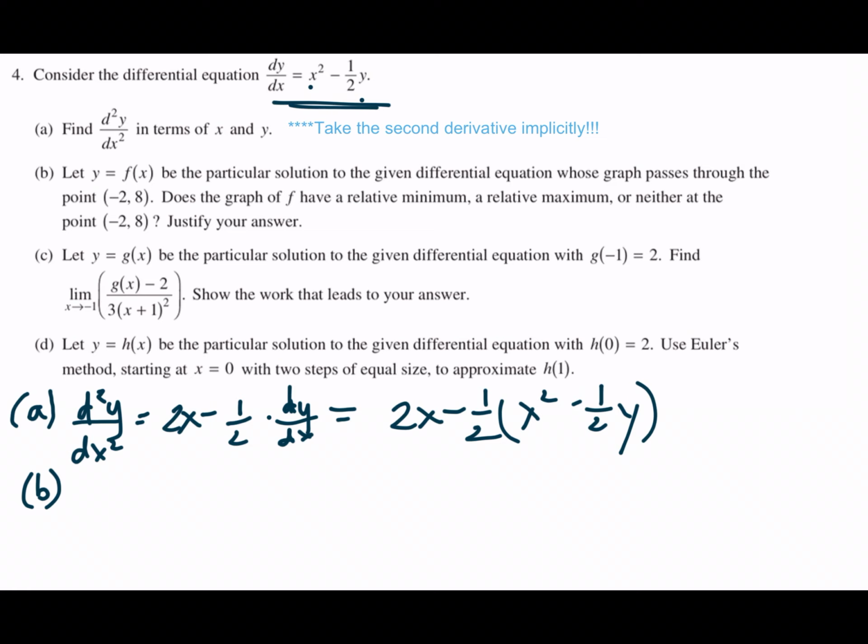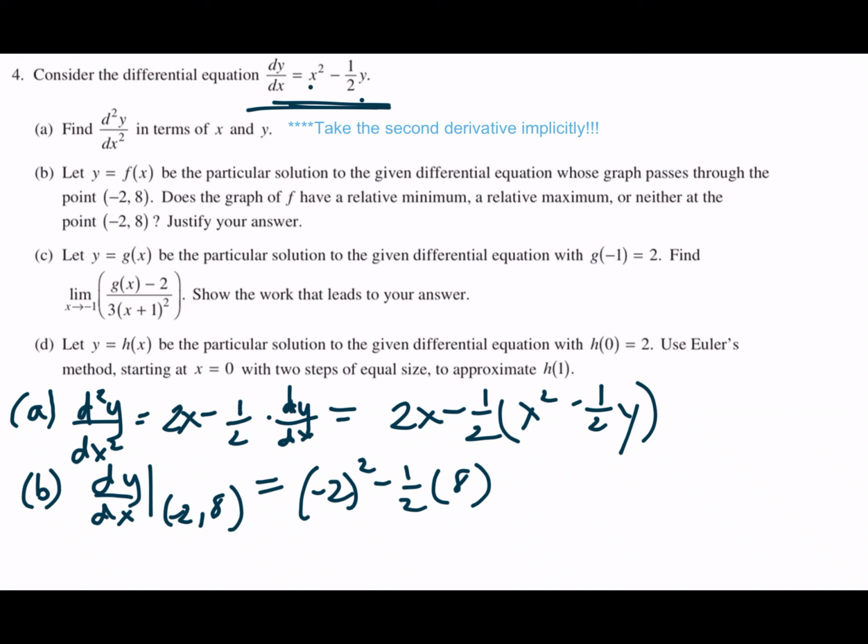So is my derivative equal to 0 at the point (-2, 8)? The derivative is x squared minus 1/2 y, and I get 4 minus 4, which is 0, so that's my first step.